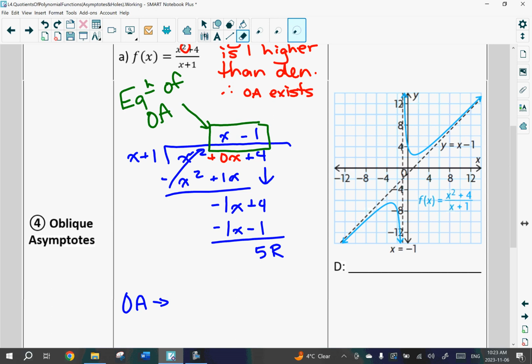It is a function. I'm just going to label it as y though, because it's a piece of the graph. It's a working piece. It's not a part of the proper graph. I don't know if that makes any sense. Okay, so y equals x minus 1, where we have a slope of 1 over 1, and we have a y-intercept of negative 1.